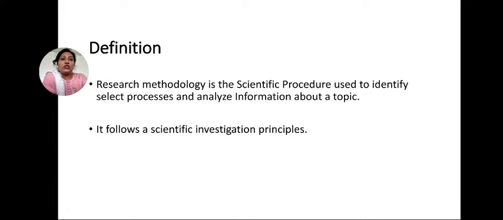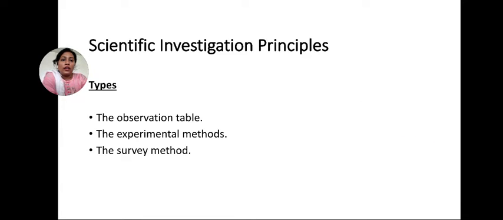Most importantly, research methodology follows the scientific investigation principle. So here a question arises: what is the scientific investigation principle? Although most of us have heard many times in our careers that research must be carried out according to the scientific method, actually there is no single scientific method.